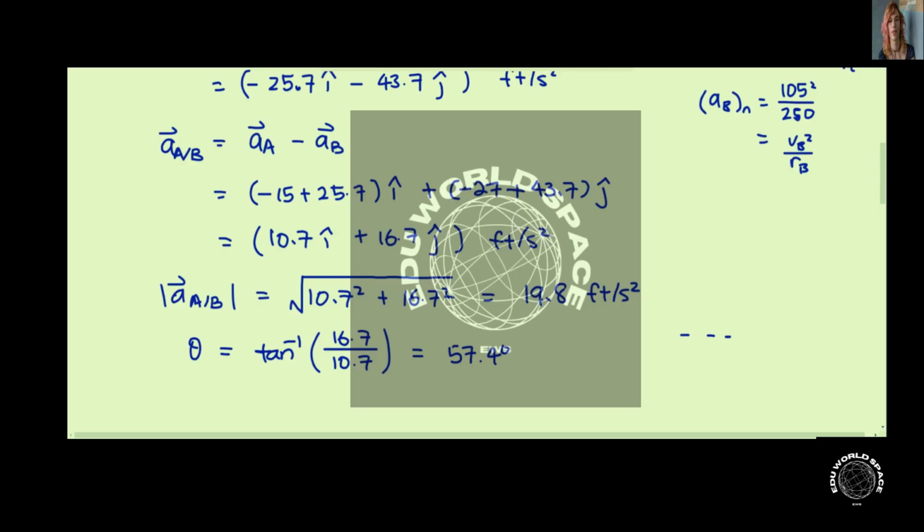Visualizing it, the relative acceleration is pointing in this way, at an angle of 57.4 degrees. This is the relative acceleration of A with respect to B, and this is the magnitude. We box up the answers and the direction. And that's all for this question.